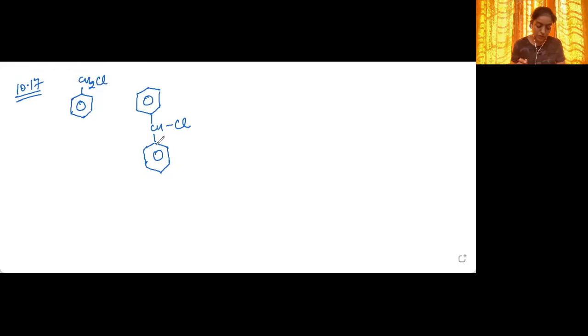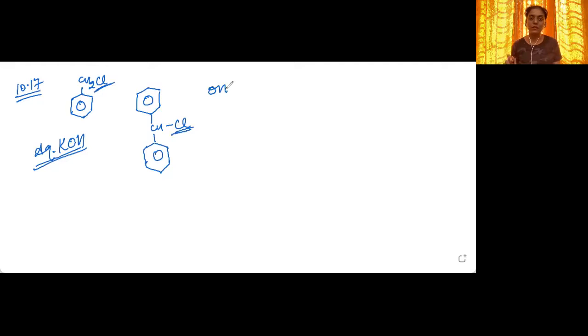Now here we need to tell which one is more easily hydrolyzed by aqueous KOH. If we have aqueous KOH, which one will be more easily hydrolyzed? The reaction with aqueous KOH is going to be that this Cl from both the molecules will be replaced by OH.